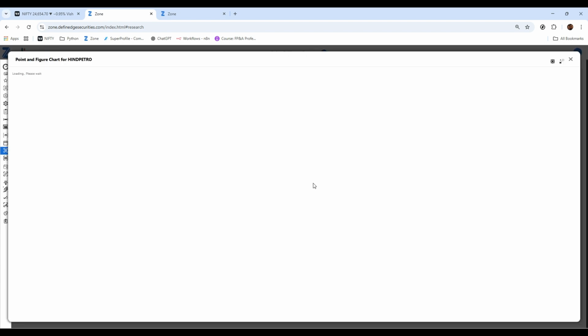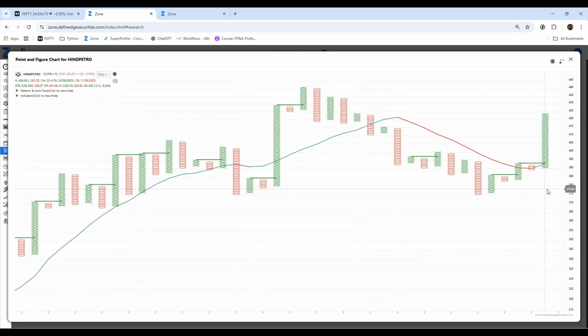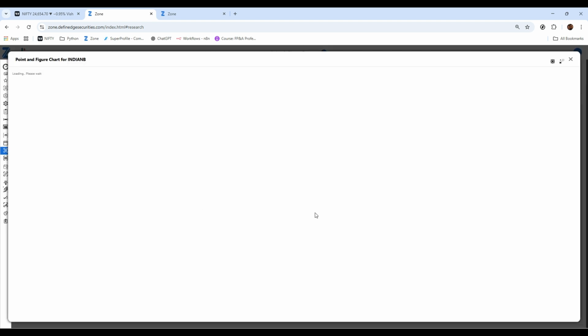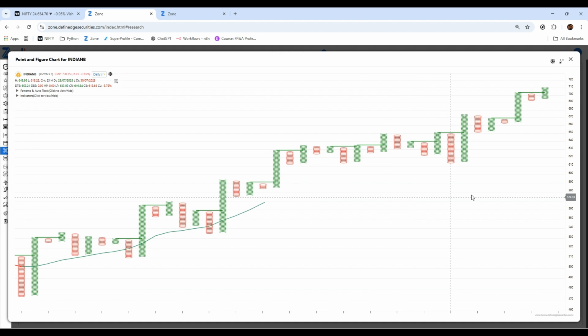Hind Petro, any chart that I open, you will pretty much see similar things, but the last column might be stretched or whatever it is, right? It's double top buy above moving average. That is what we are going to see, right? See this, it's a nice breakout here.